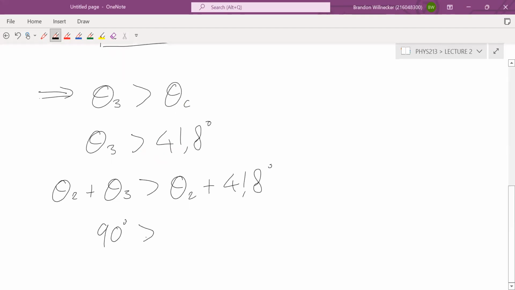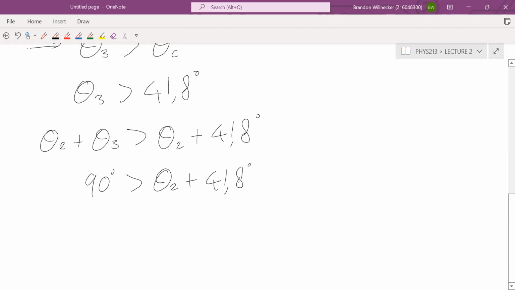So 90 degrees is greater than θ2 plus 41.8 degrees. Okay, we just take that over to the other side and we get 48.2. Okay, if you just subtract it over, is greater than θ2. Okay, that's the next bit of information we got.